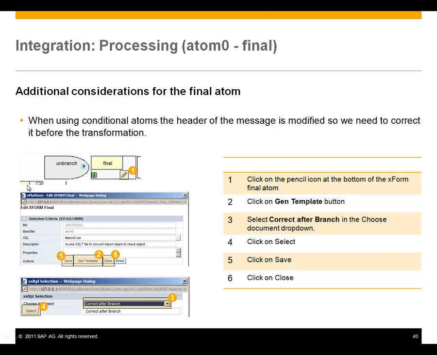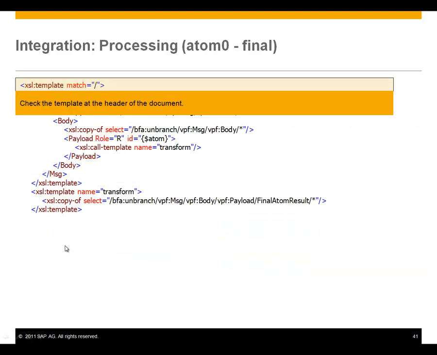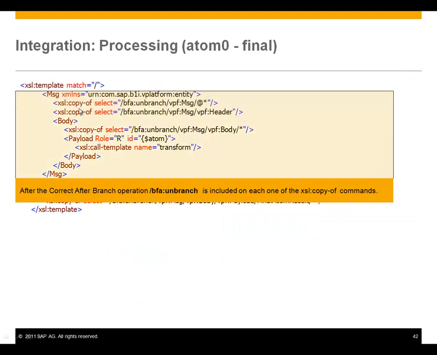So this final atom will need to take the information from the original message, and when it will be generated automatically, all these parts will be auto-generated, which means it will be copying from all the branches and creating a role R that will be the one that will have the transformation. So we will create a BFA branch per each one of the paths we have.